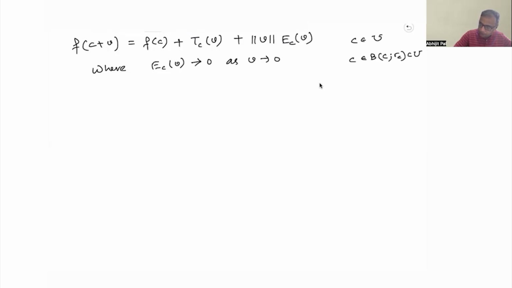Therefore, for some v where the norm of v is small, c+v belongs to this ball, whenever the norm of v is sufficiently small.